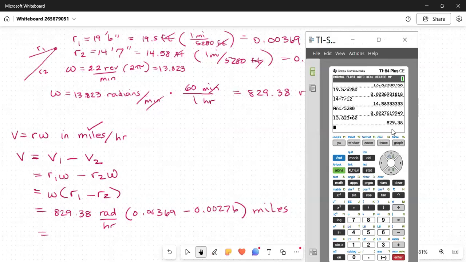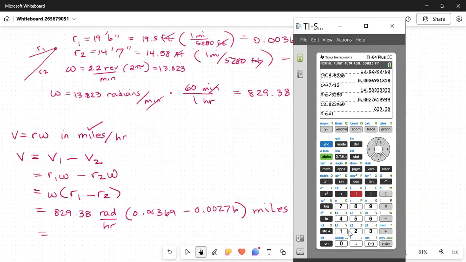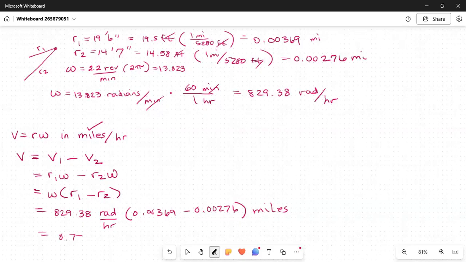We multiply 829.38 by the difference of 0.00369 minus 0.00276, and we have 0.771 miles per hour.